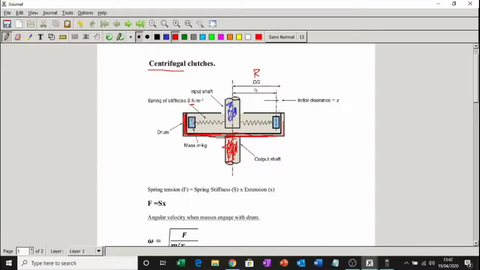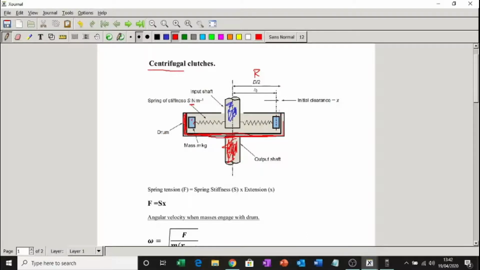R0 is from the center of this shaft to the center of that mass. So how far from there to there. And X is the clearance between the end of the mass, which is there really, to the drum here. It's not from the center of the mass, it's from the end of the mass to the drum.